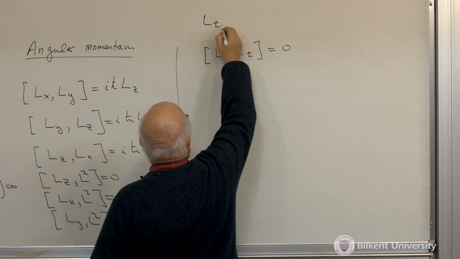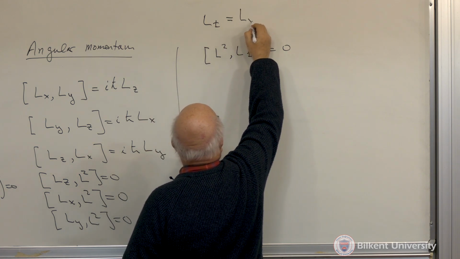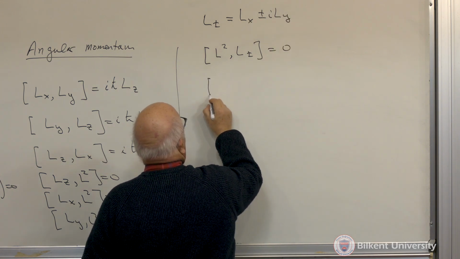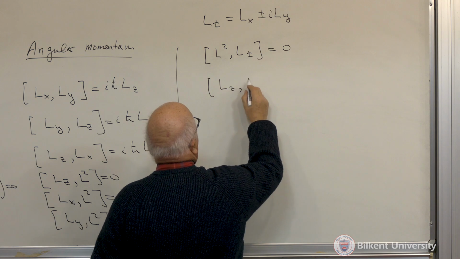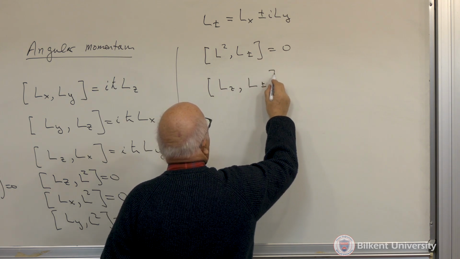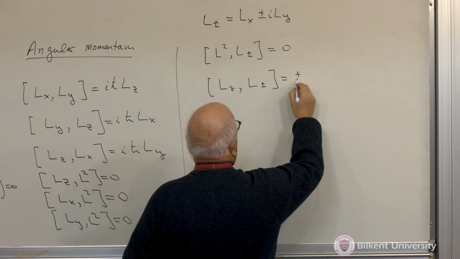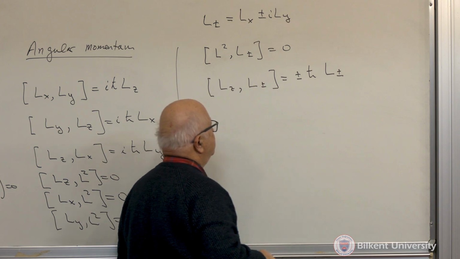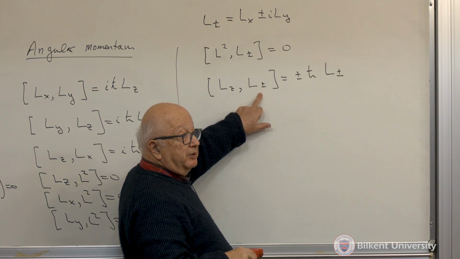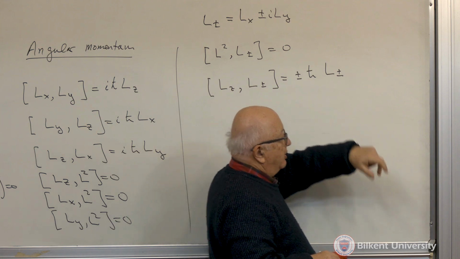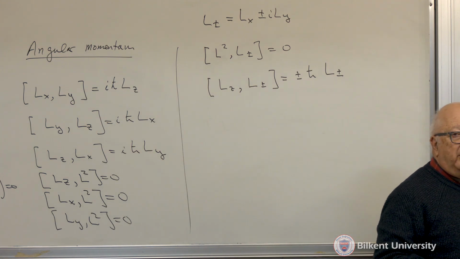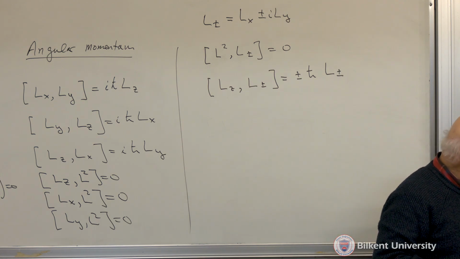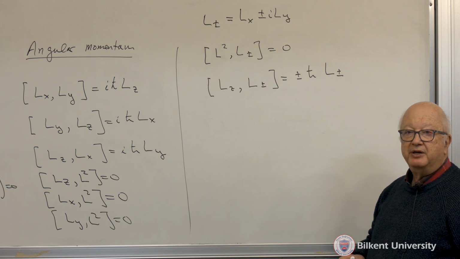L plus or minus is Lx plus or minus I Ly. And also I have Lz with L plus or minus is equal to plus or minus H bar L plus or minus. If I have the commutator with L plus, I get plus H bar times L plus again. If I do the commutator with L minus, I get minus H bar times L minus again.